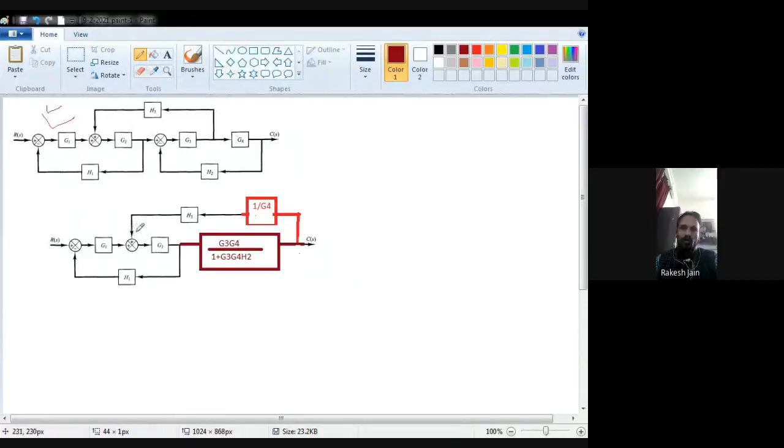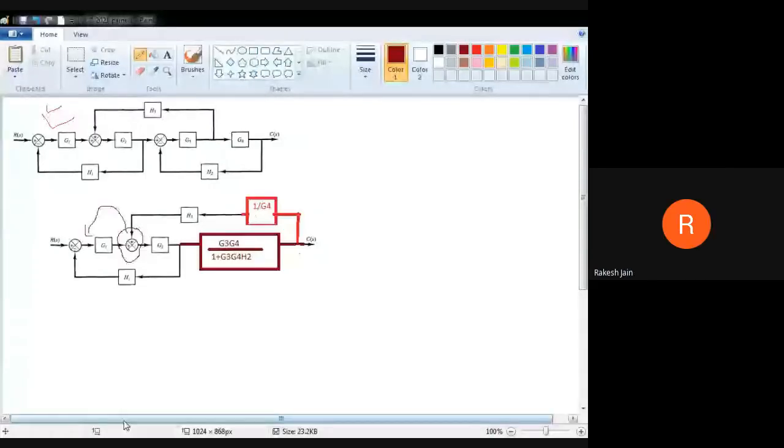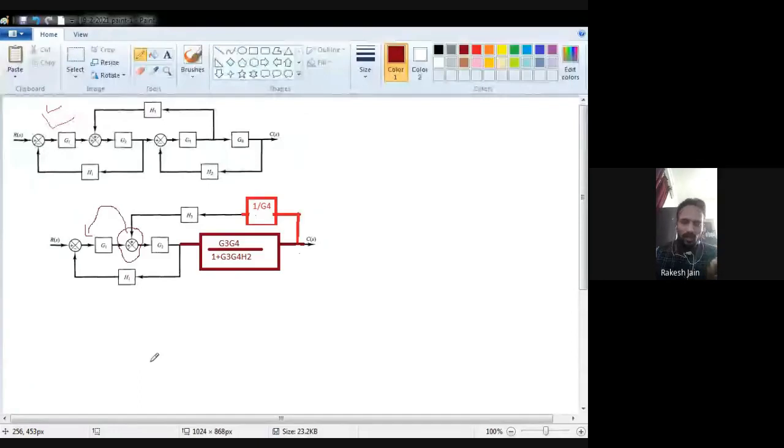Because it comes with the negative sign, we use here positive sign. So we just remove this diagram right now, and instead of this diagram only a single block comes, which is the solution of that feedback loop. Okay, now only this block will remain.